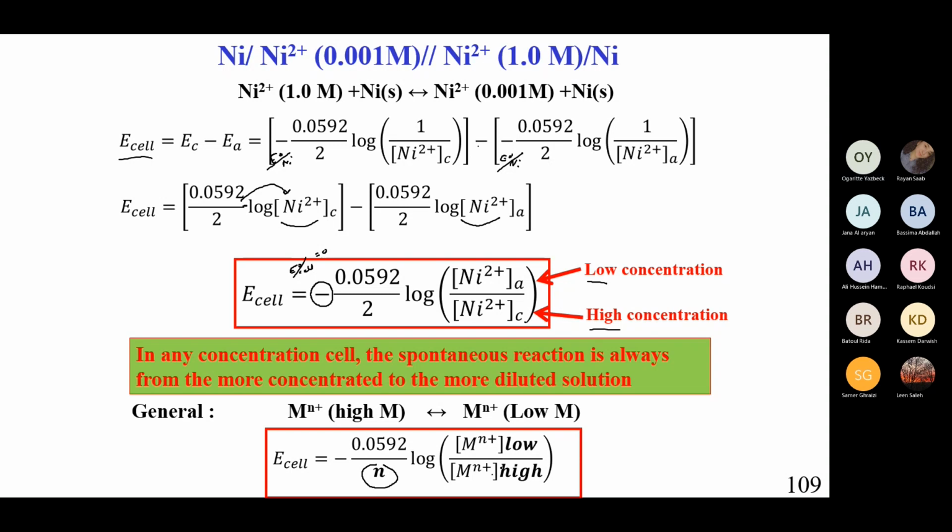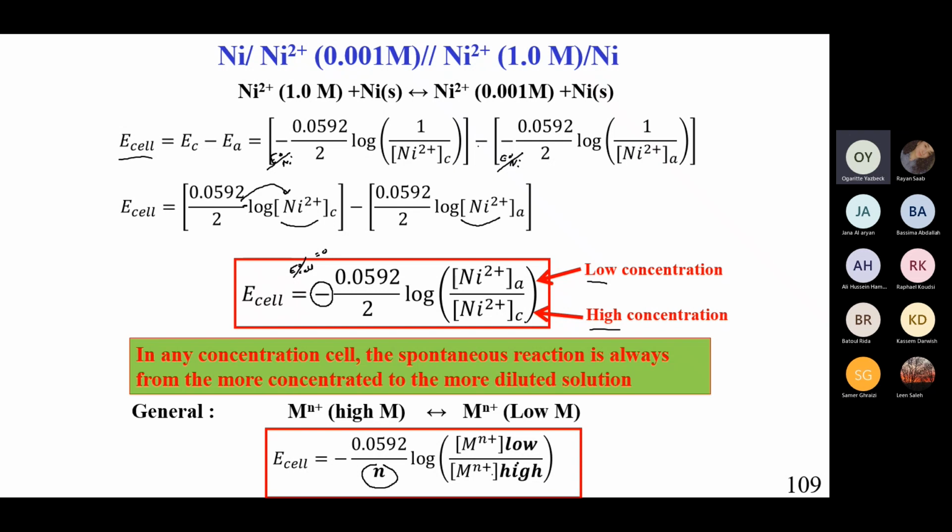Okay. And it's very logical because usually the higher will go to the lower in the overall reaction. The higher concentration will usually have the higher E, and therefore it will be the cathode, and the other one will be the lower E, it will be the anode.